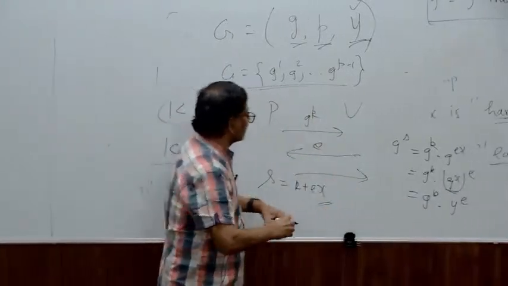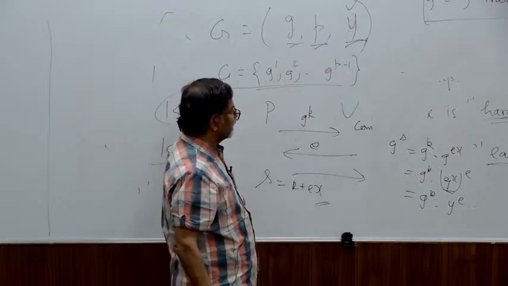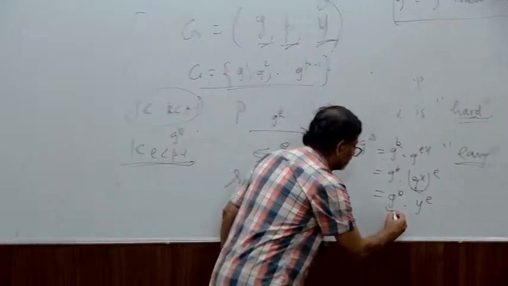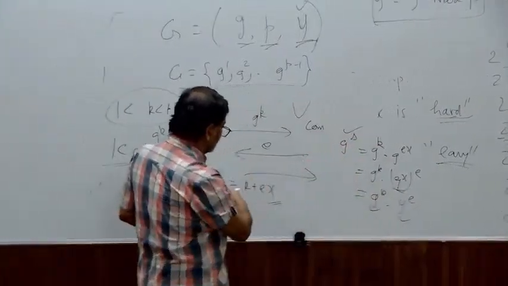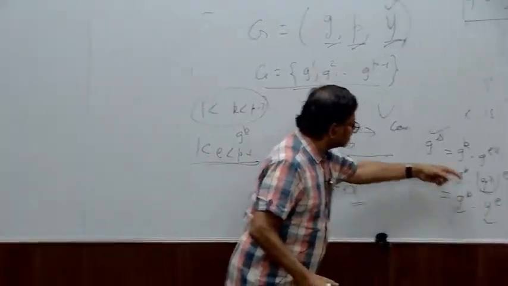This is the commitment, right? y is the public key. e is the value generated by V. Therefore, V can do this task. He has got s. He can compute g power s. He can compute g power k.